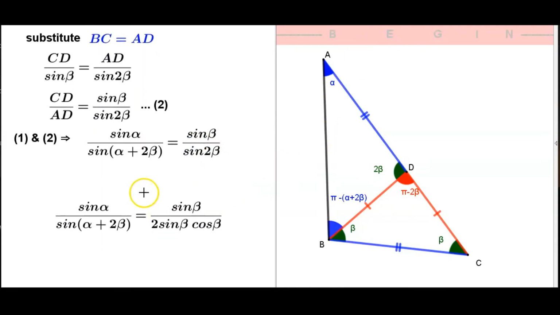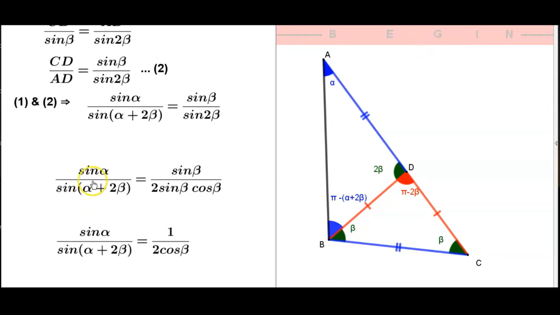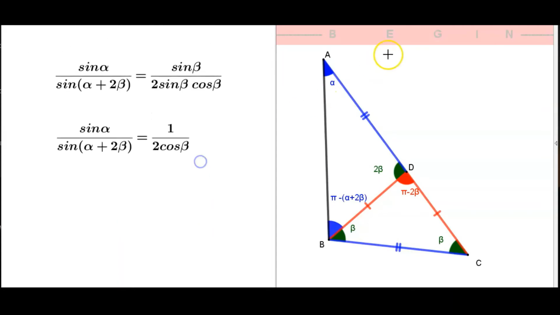Using the double angle identity, sine 2 beta is 2 sine beta cos beta. So sine alpha over sine of alpha plus 2 beta is equal to sine beta over 2 sine beta cos beta. Cancel sine beta.